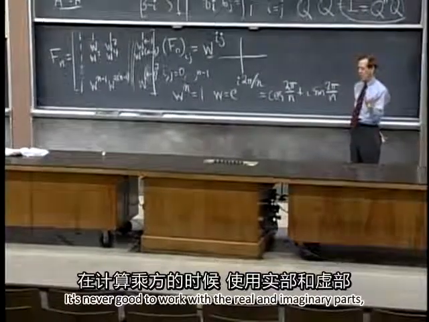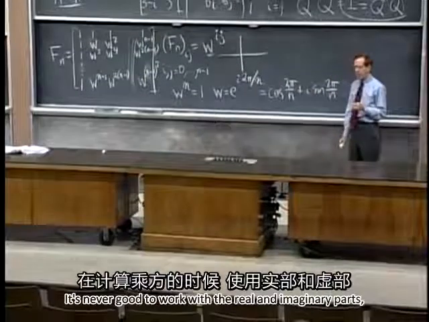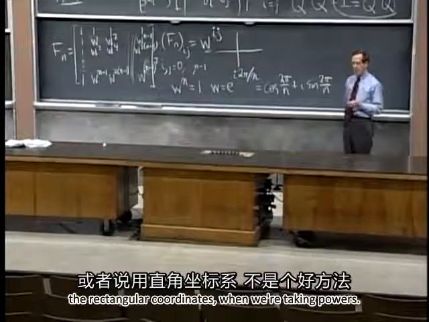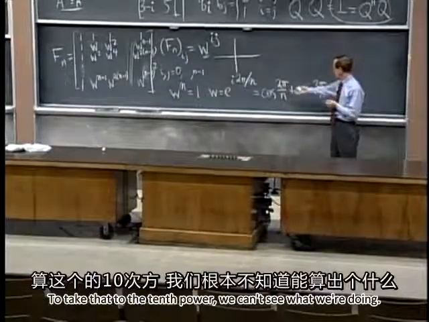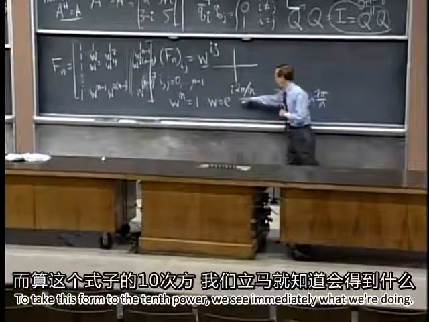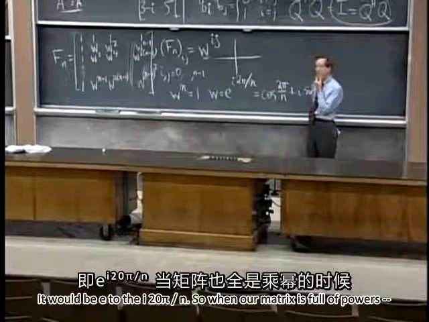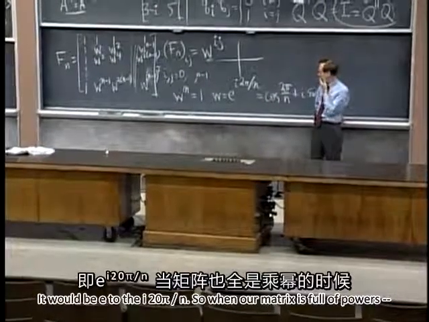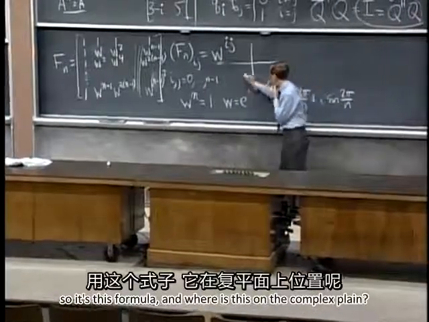It's never good to work with the real and imaginary parts, the rectangular coordinates, when we're taking powers. To take that to the 10th power, we can't see what we're doing. To take this form to the 10th power, we see immediately what we're doing. It would be e to the i 20 pi over n.